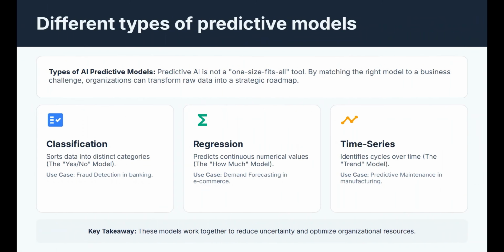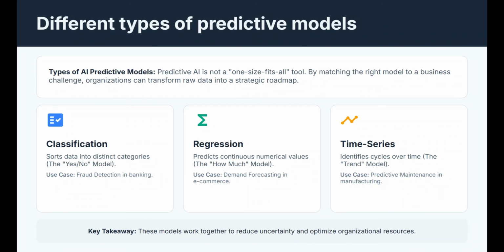Finally, the different types of predictive models. Predictive AI is not a one size fits all tool. Different models are designed to answer specific types of questions. While some models predict a specific number, others sort data into categories or identify hidden groups.